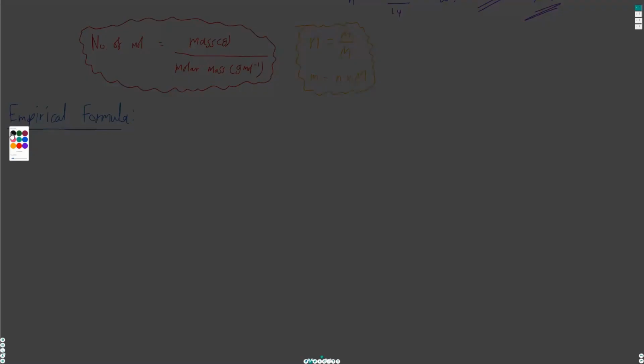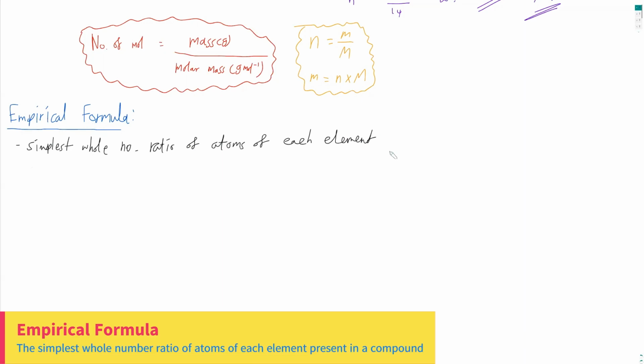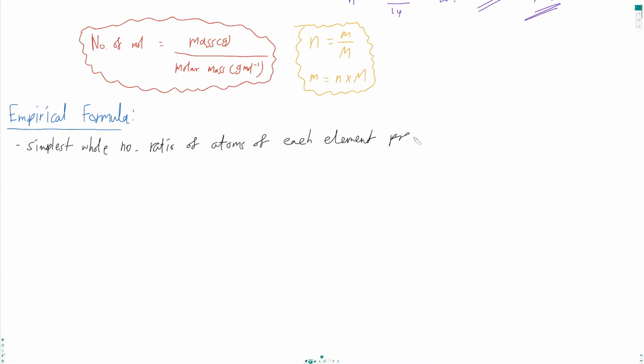So empirical formula is the simplest whole number ratio of atoms of each element present in a compound.